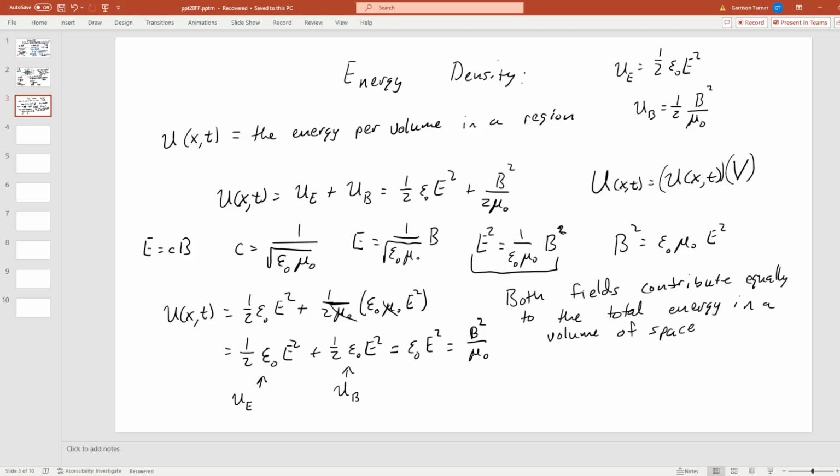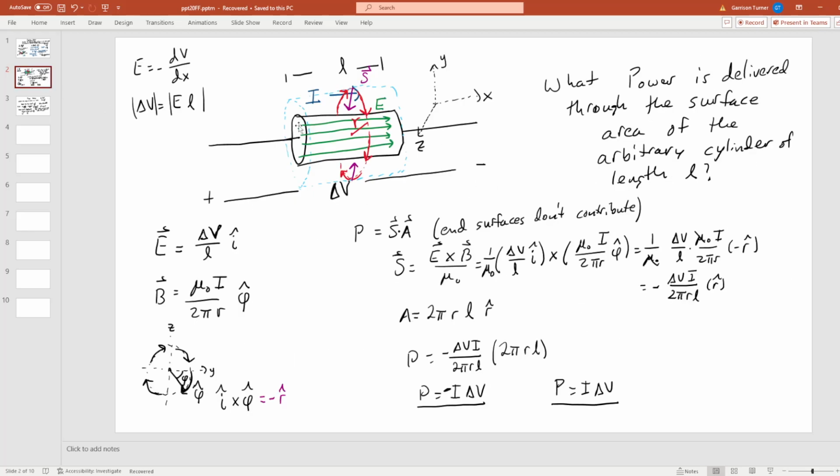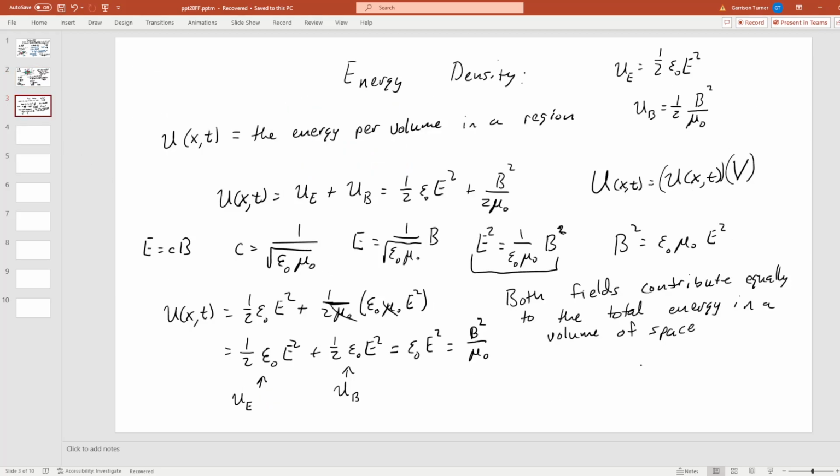And therefore, you would be able to then calculate the total energy if you know what kind of volume you're using. So, for example, if I wanted to go back to the previous example and calculate the total energy in the volume of my cylinder, then I would be able to, and my volume would be equal to pi r squared L, and we already calculated our electric field.